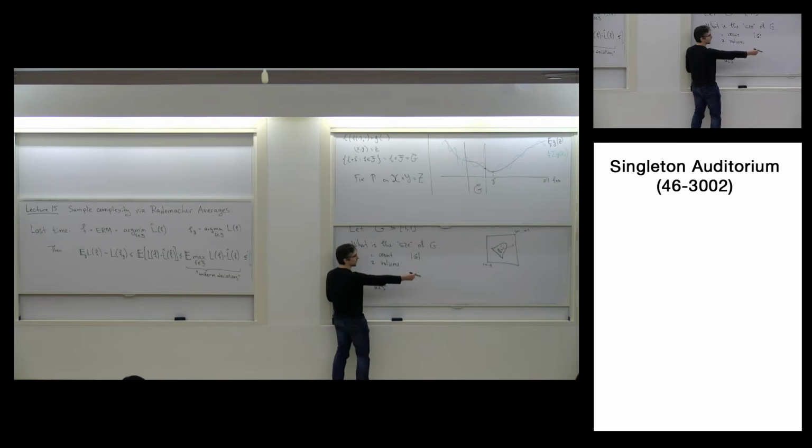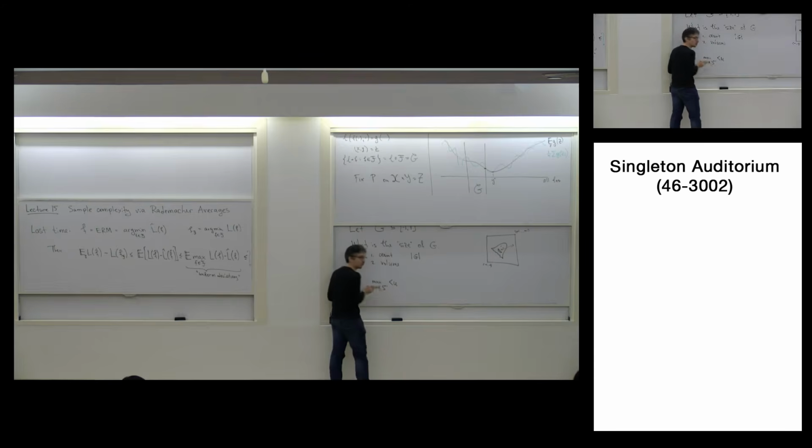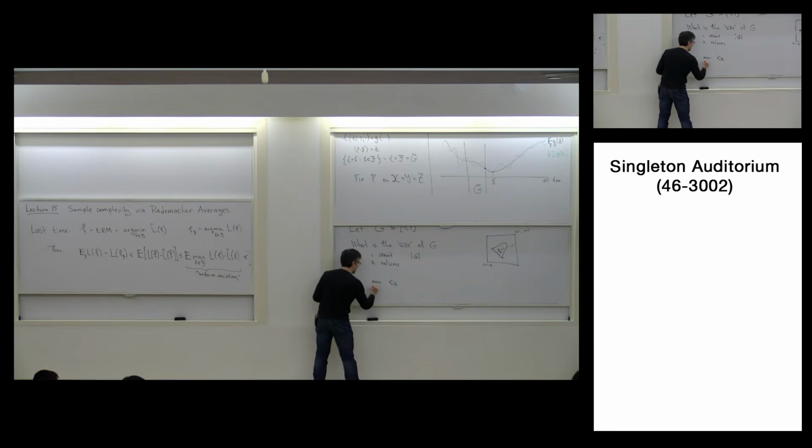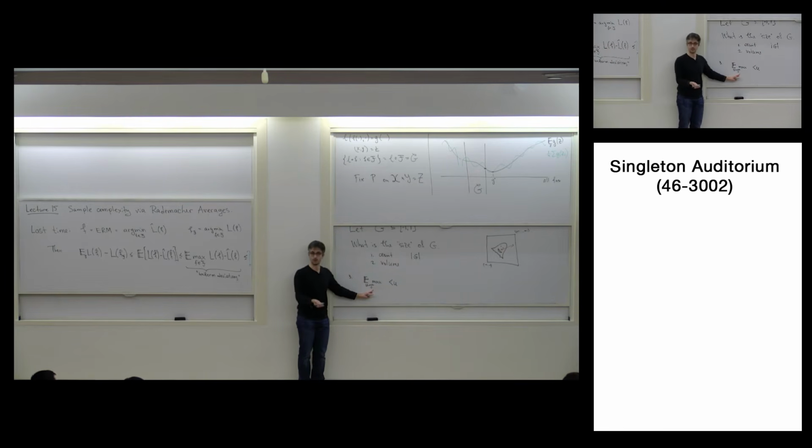Okay, and what is the length in that direction? Well, you look at that unit direction, and then, sorry, that's not what I want. We'll have to erase. I'm going to look at the expectation over U drawn from the sphere S^(n-1) uniformly at random.